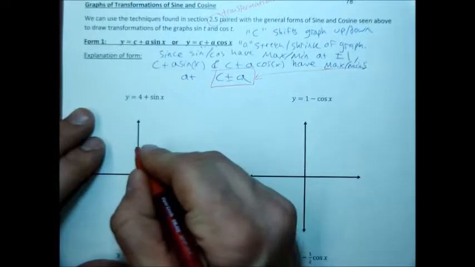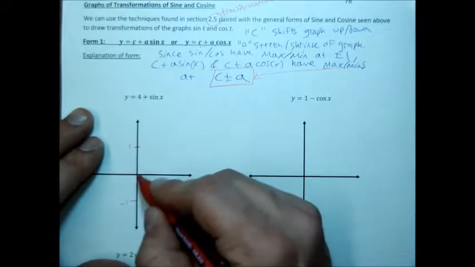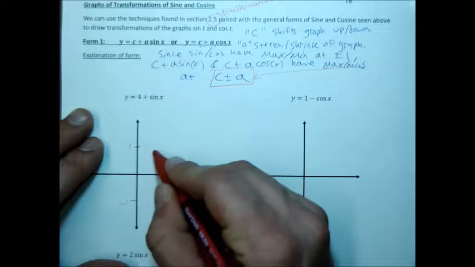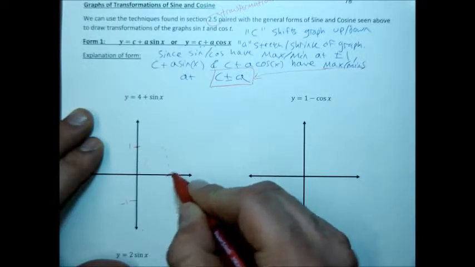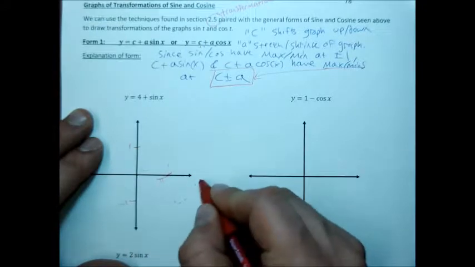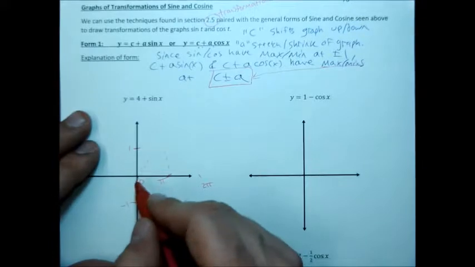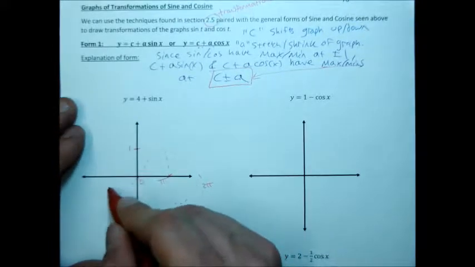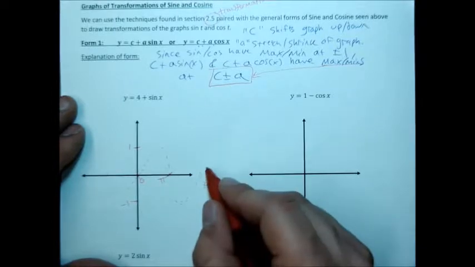Normal sine has a max or a min at plus or minus 1. It starts at 0, it goes up to 1, comes back down to 0, goes back down like that, right? And the intercept is at pi, and 2 pi, and 0. And of course it goes in the other direction too. I won't draw the whole thing in detail, but it goes in both directions, right? So this is normally what sine looks like.